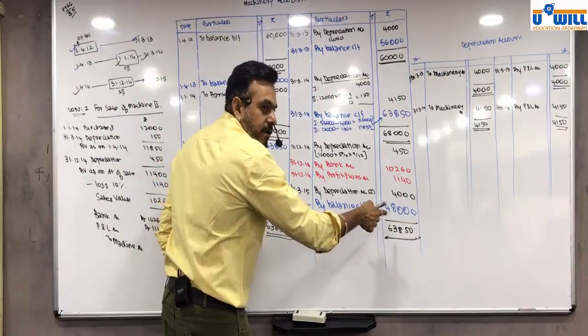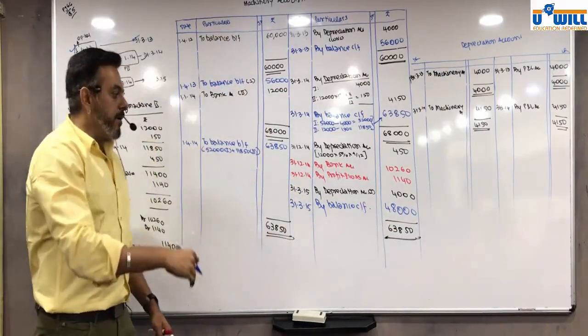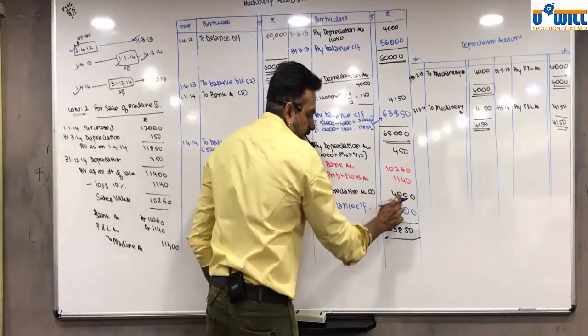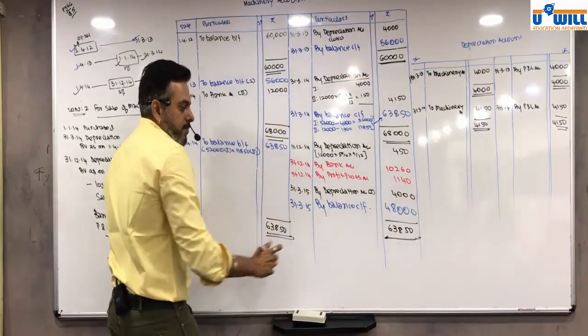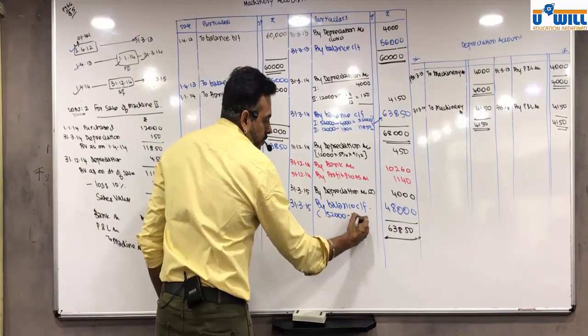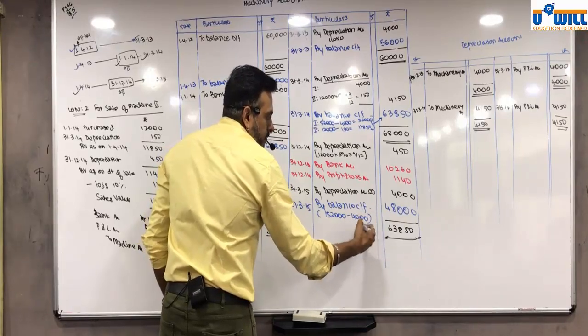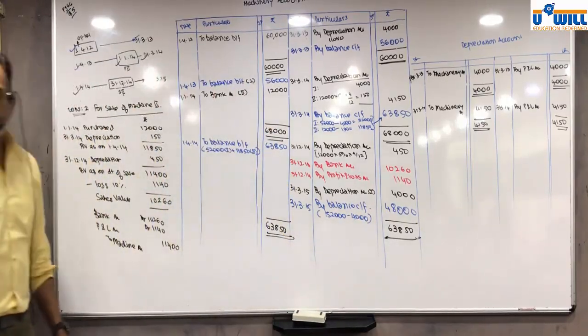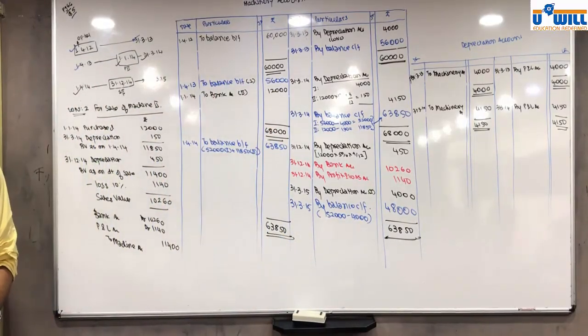So this is 48,000. What you have to do is debit side minus credit. You should get this. In brackets, for understanding, 52,000 minus 4,000. This is what comes even for those who did it by subtracting.